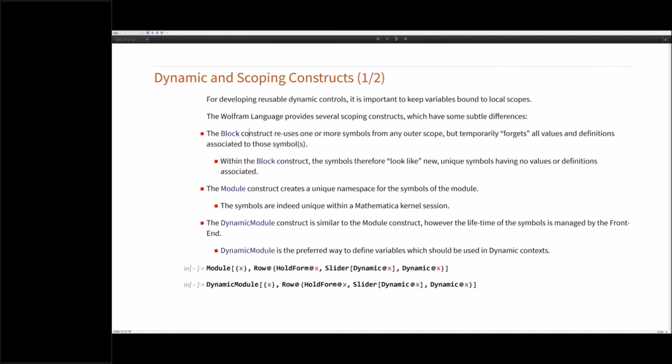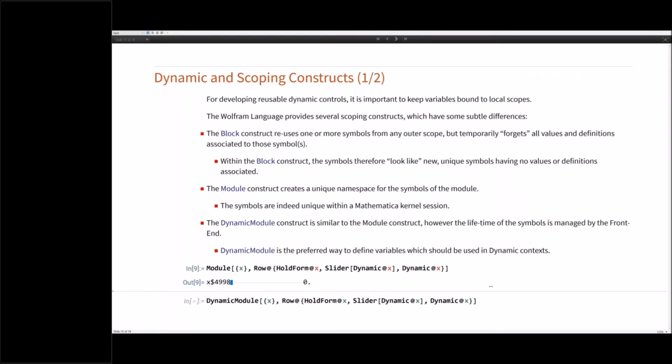For the block and module constructs, I refer you to the documentation. And for dynamic controls, the dynamic module is usually the right one to choose, because to illustrate this here, if you have a module, this will generate an anonymous context or anonymous namespace for the variable x, which is x$4998 in my case here.